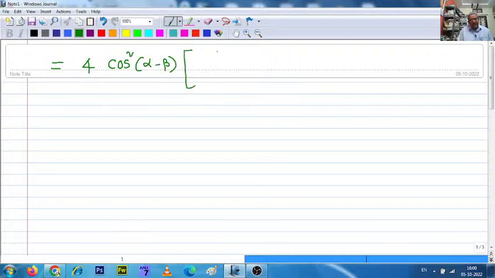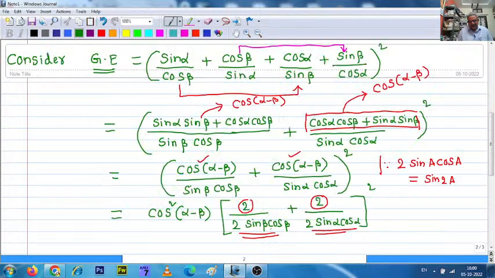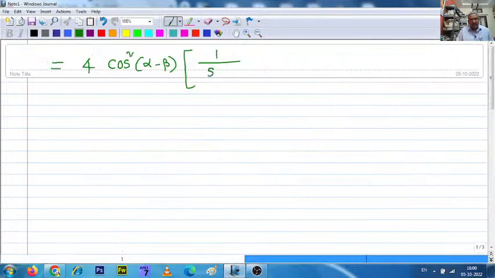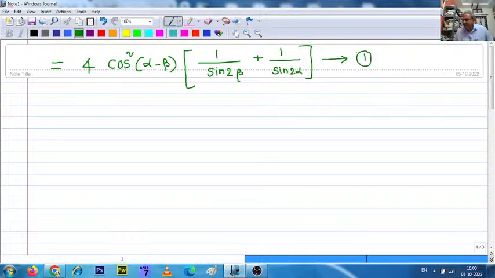And next here 1 upon, go back to the previous step. What is the step? 2 sin beta cos beta is sin 2 beta. We can write 1 upon sin 2 beta plus 1 upon sin 2 alpha. This is the given expression only, say equation 1 for our convenience.